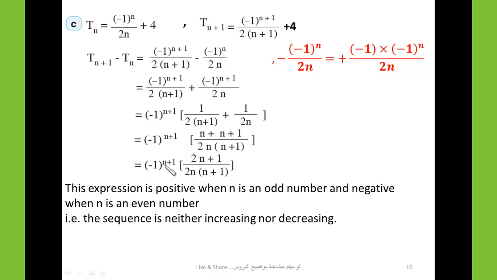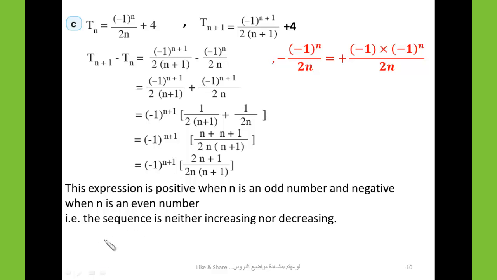When you put n equals 1 or any odd number, negative 1 power n plus 1 is always positive. Example, put n equal 1: 1 plus 1 equals 2, negative 1 power 2 is positive. Put in any other odd number, like 5: 5 plus 1 equals 6, negative 1 power 6 is positive.